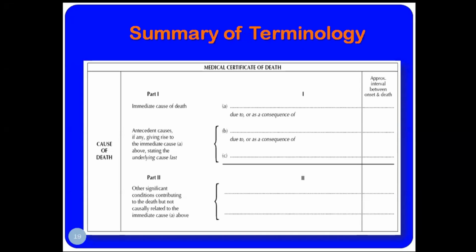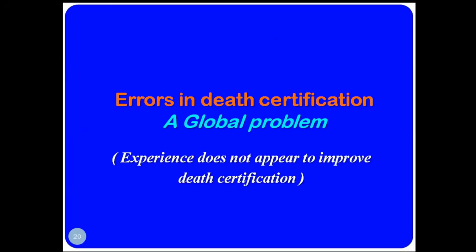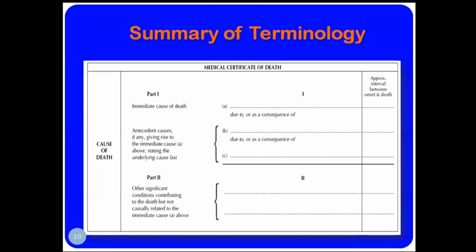Now, this is just the summary of the terminologies which we have discussed so far. There are two parts, part 1 and part 2, and 3 lines. Part 1, start from C, go to B, go to A. And part 2, the conditions which you think were significantly contributing to the mortality. If they were not, you can even omit it.